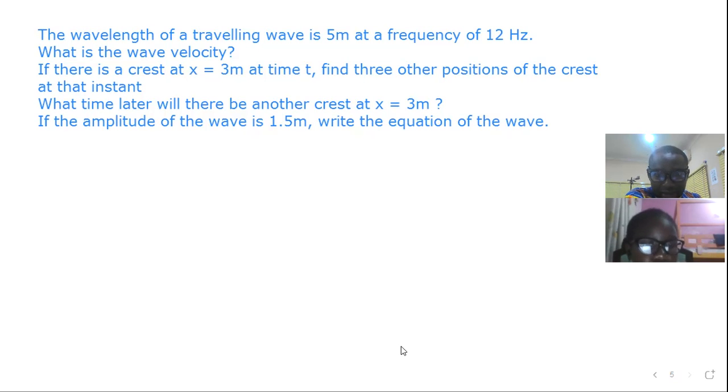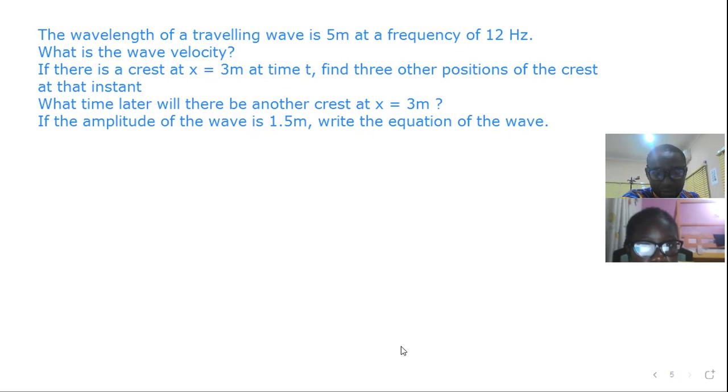A sine, that means we'll be using 2 pi. We have lambda to be 5, not 50, sorry. We have the velocity to be 60, t, and we could also have our x.